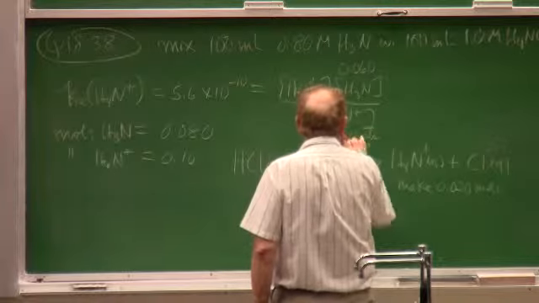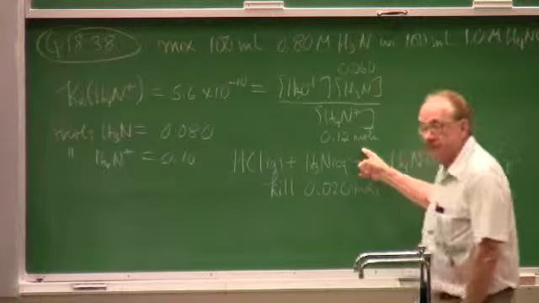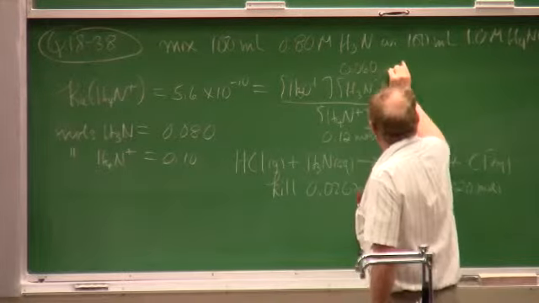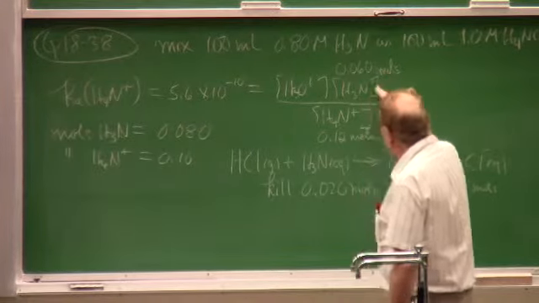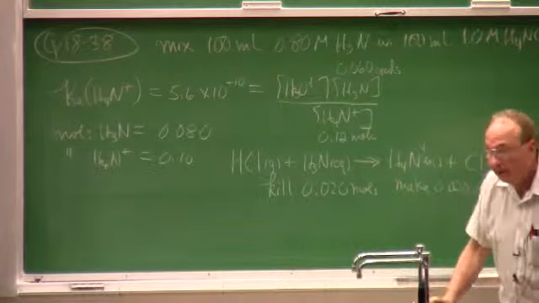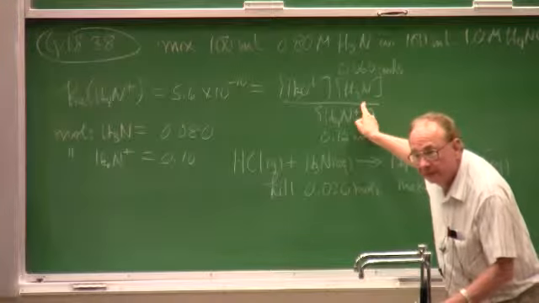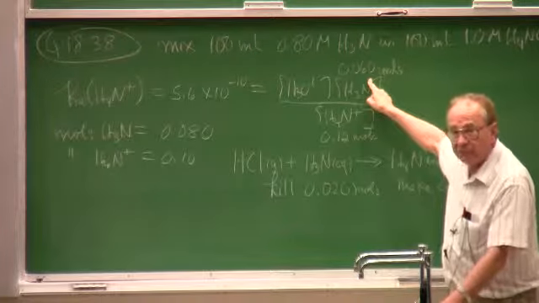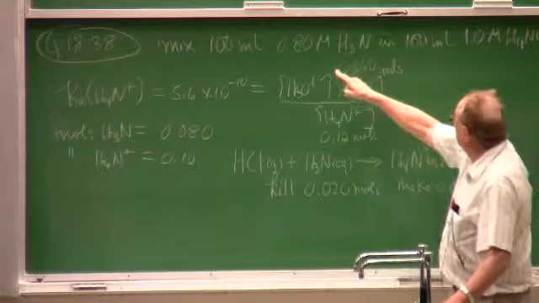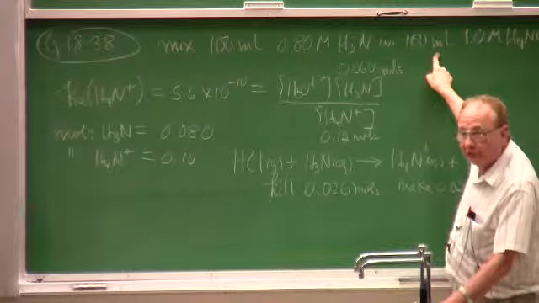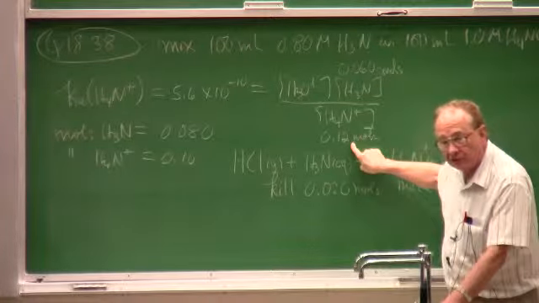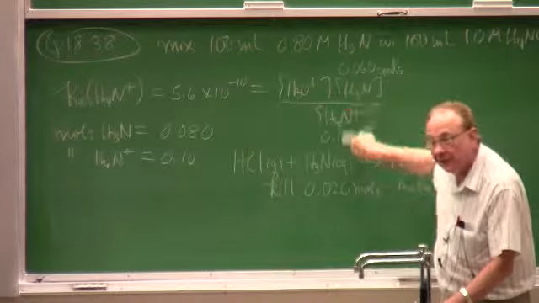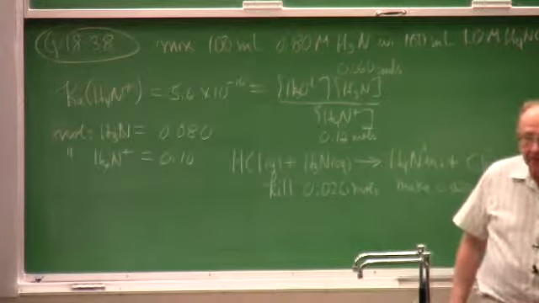Now, are these molarities? Can I use them in here? Should I take this value, moles, and divide it by 0.20 liters, and this value, moles, and divide it by 0.20 liters, which means I'm doing the same arithmetic top and bottom, and I'm wasting my time?